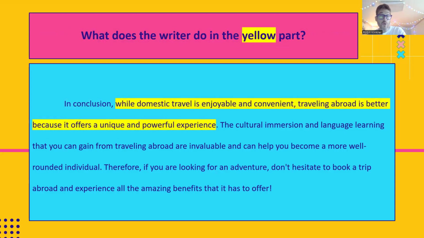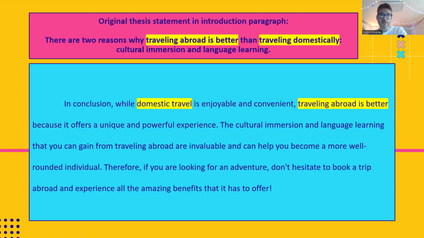So now, what's part one of a concluding paragraph? What does the writer do here? In conclusion, while domestic travel is enjoyable and convenient, traveling abroad is better because it offers a unique and powerful experience. That is the restated thesis statement. And check it out. This is the original thesis statement in the introduction.